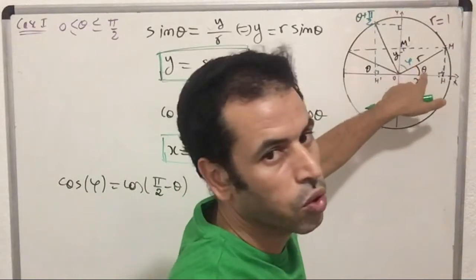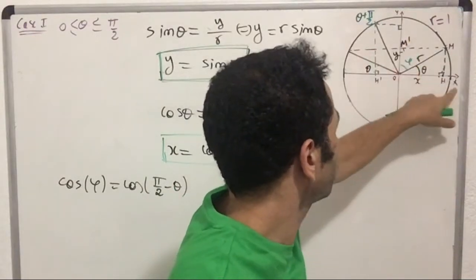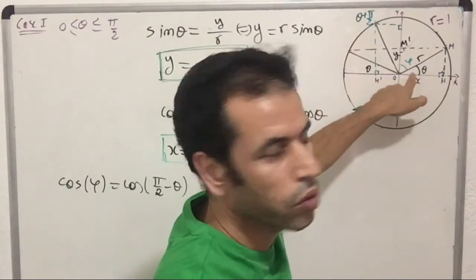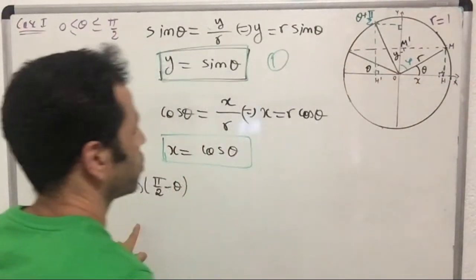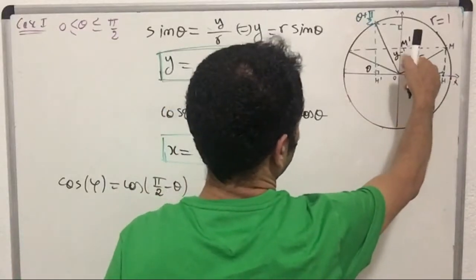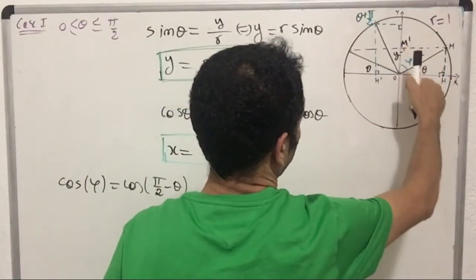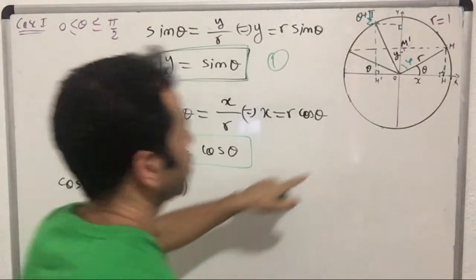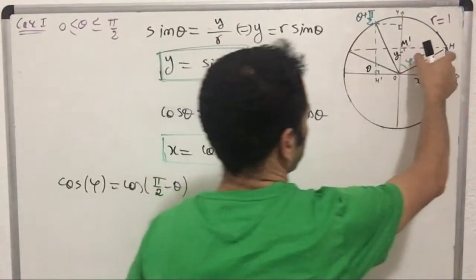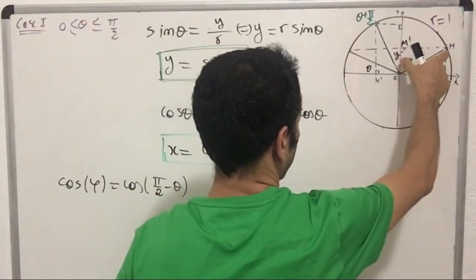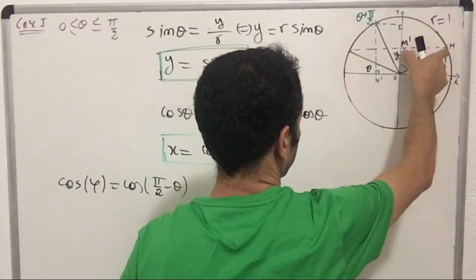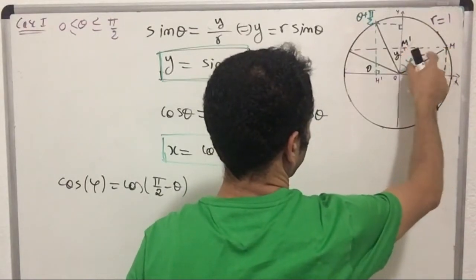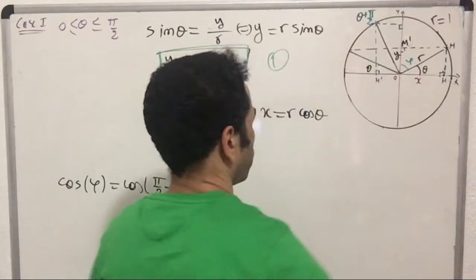As we have orthogonality here, because the vertical and horizontal axes make pi over 2, this angle phi equals pi over 2 minus theta. Now we have the adjacent over hypotenuse. Adjacent, this distance, for the cosine phi, okay?